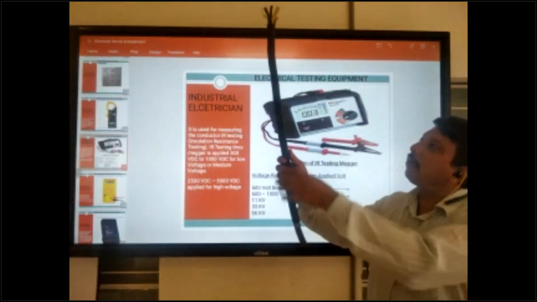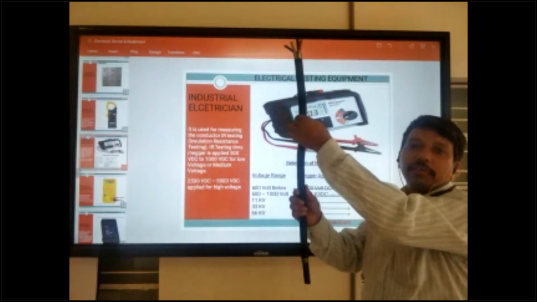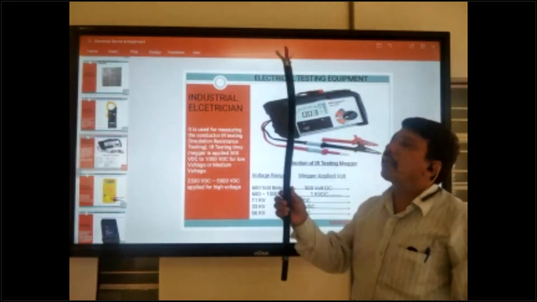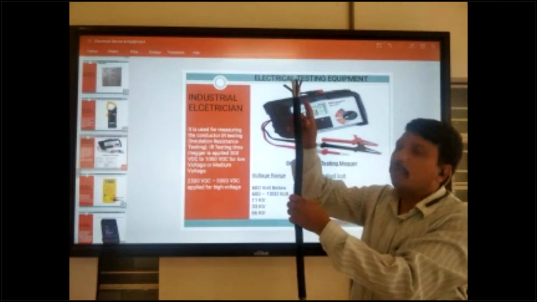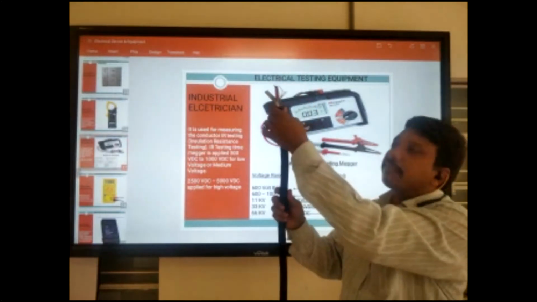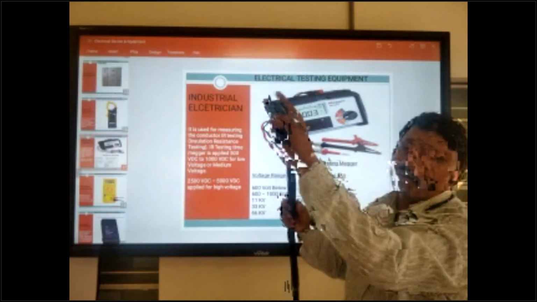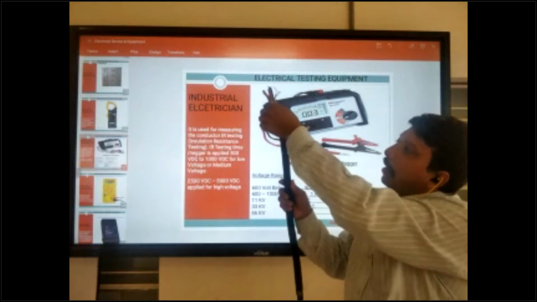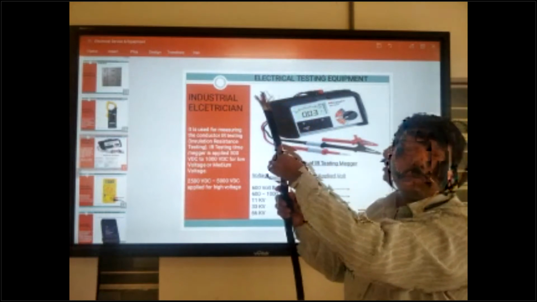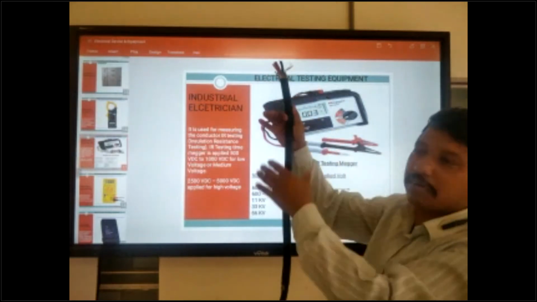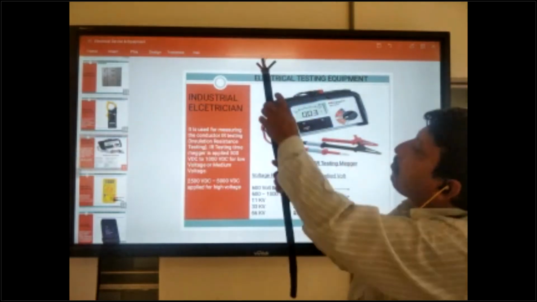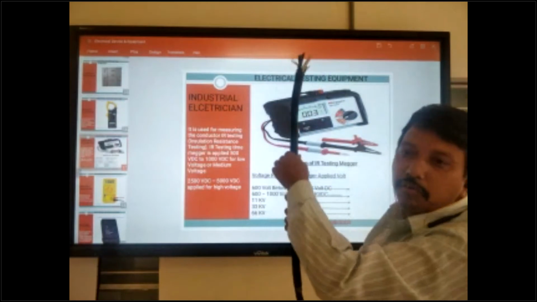This is your cable, and the outside of it is insulation. How much capacity does this insulation have? Suppose we give 1000 volts to the conductor inside the cable. If this capacity is not held, the insulation is open, so we can take the insulation capacity also.